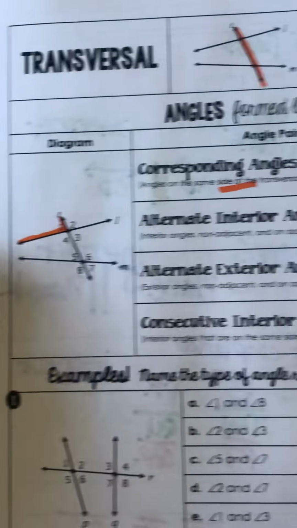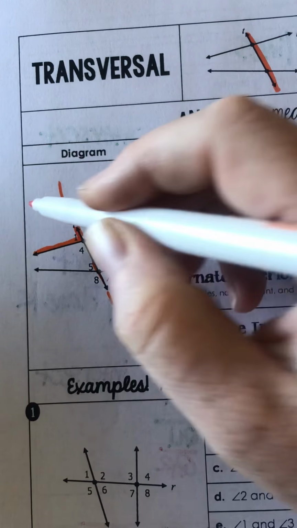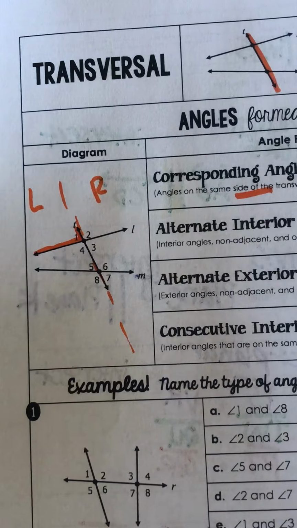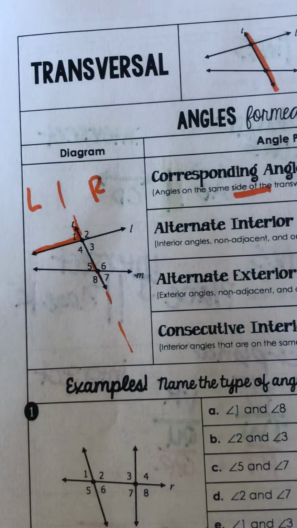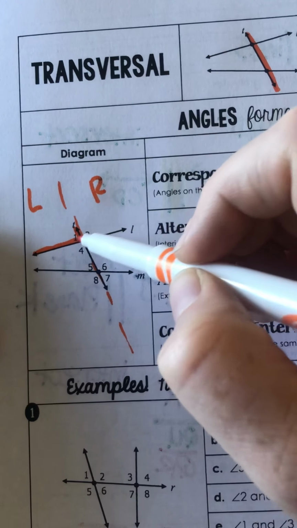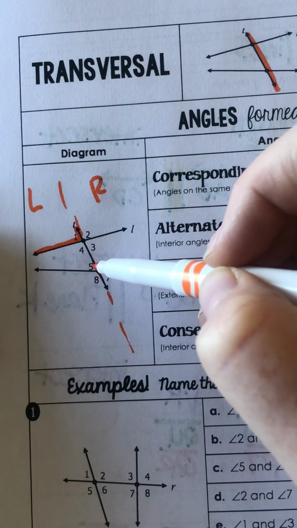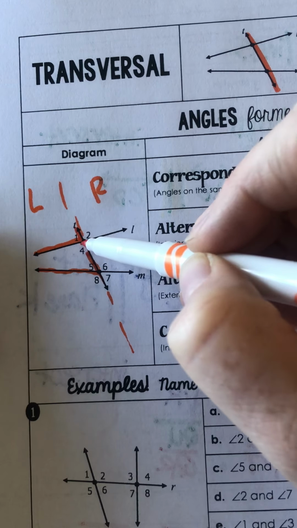what is corresponding to it? So if you look at this transversal, here's the left side, there's the right side. So it's got to be on the same side, and it has to be in the same position. So this one's on the left side and it's on top of L. So I want left side on top of M. Right here, angle 5.